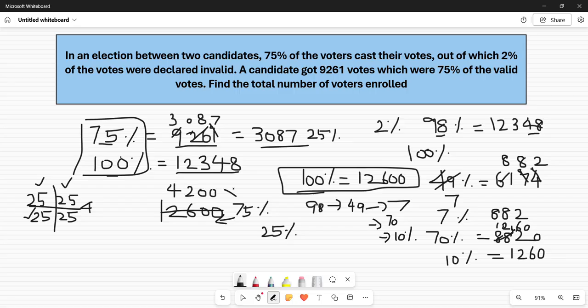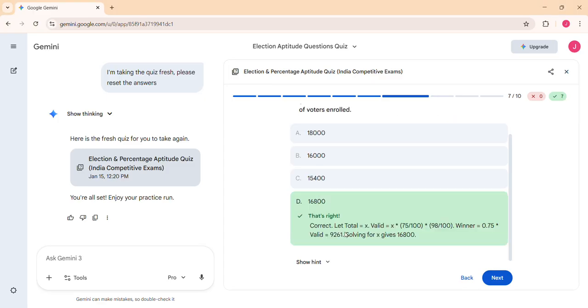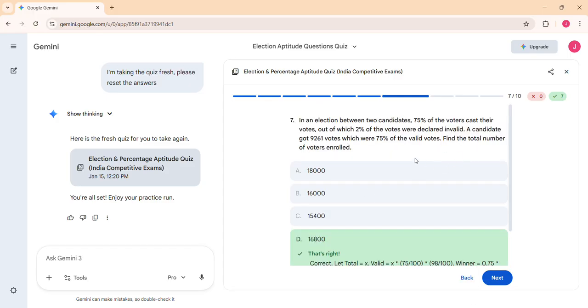So now if you multiply this by 4, 16,800. Let's verify the answer. Yeah, it's 16,800. So let's move on to the final question and we'll talk about this complicated question a little more.